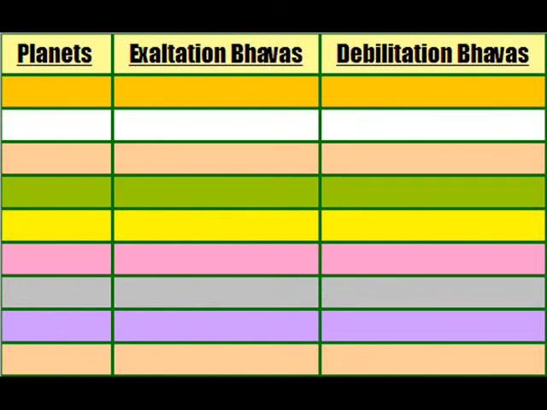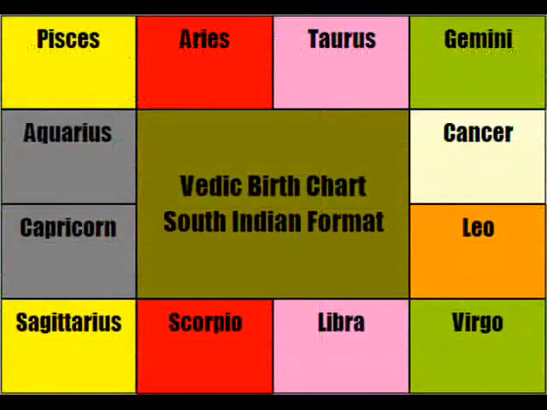We shall begin with the Sun. The Sun gets exalted at Aries, and like I said, it will be debilitated 7 houses from the place of exaltation. I will show you the Vedic chart so that you can see clearly what I mean.